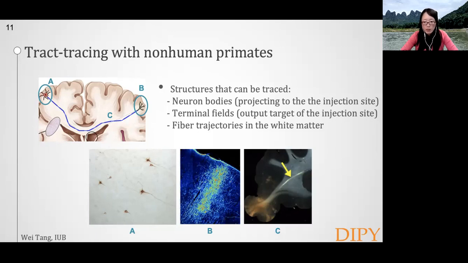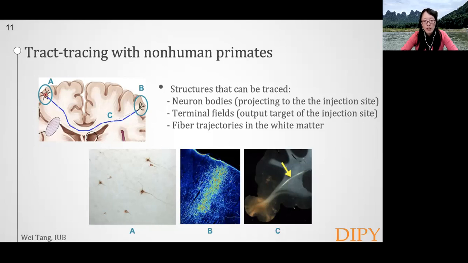The third type of labeling is fibers in the white matter. These sometimes show up as a very bright stick, but most often, these are fine lines in the deep white matter. By looking at these fine lines under the microscope and going from slide to slide, one can build the trajectory of fiber pathways in the white matter.